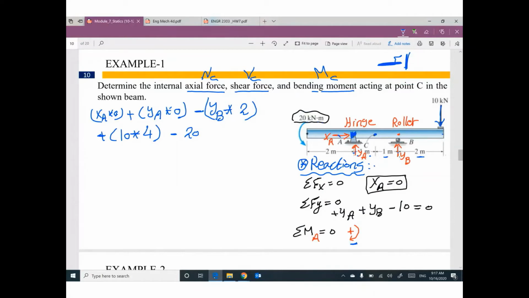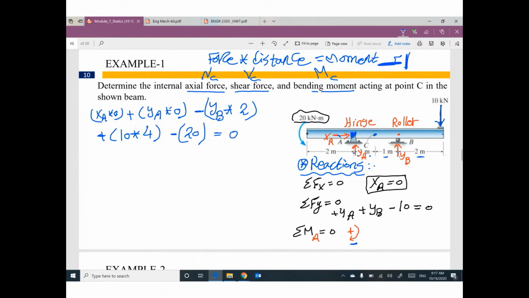Force needs distance to make moment. So I multiplied YB by distance, 10 by distance, but 20 kilonewton meter is a moment, it does not need a distance, just a moment, equals 0.